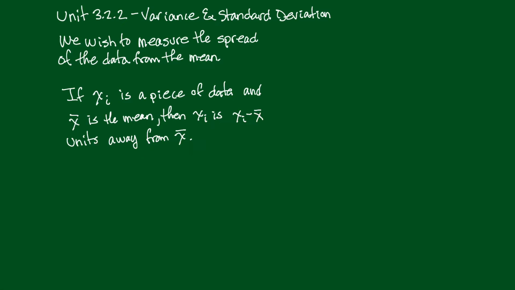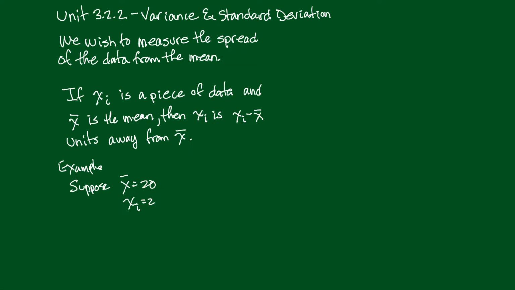Let's make some sense out of that with a numerical example. Suppose we've got a data set and we compute the mean, and we get 20. Now pick a piece of data from this collection, maybe we pick 26.